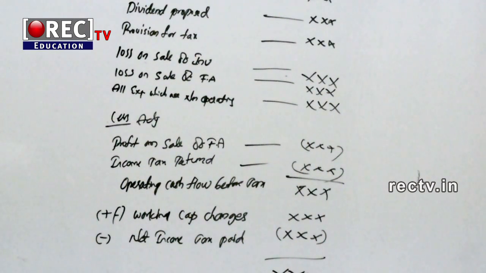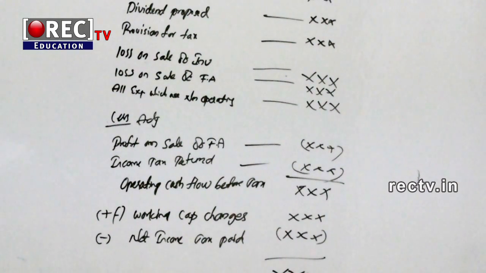Because of that reason, we decrease our profit by the profit on sale of fixed assets. Likewise, when there is an income tax refund also, you should deduct it. So these are the less adjustments, and while doing problems you will get to know more about the add adjustments and less adjustments. After that you arrive at operating cash flow before tax.